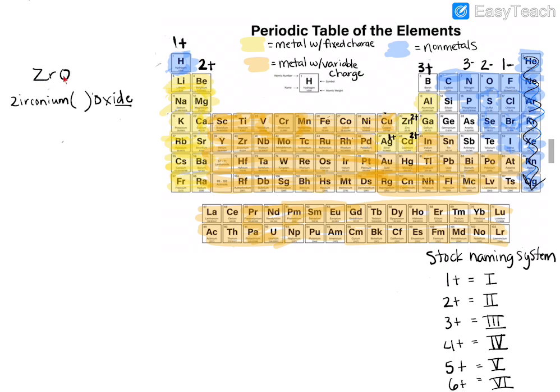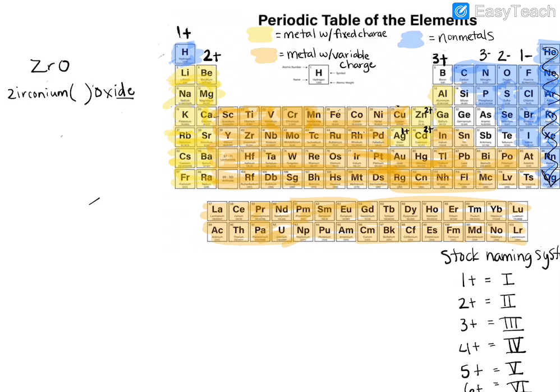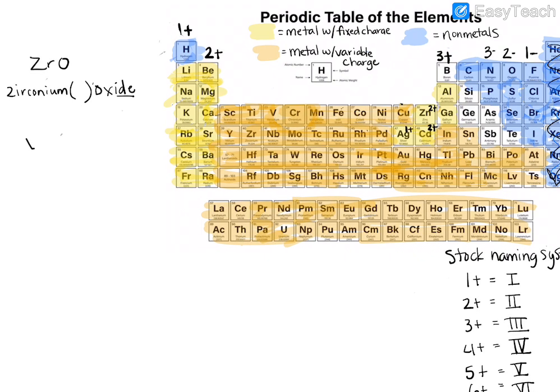My formula says there's only one of these for every one of these. So that's one zirconium for every one oxygen. Don't know the charge on zirconium? That's what I'm going to put right here as a Roman numeral. Remember, we're using the stock naming system. All right, so I'm going to go over here and say, oh, well, oxygen has a definite charge.